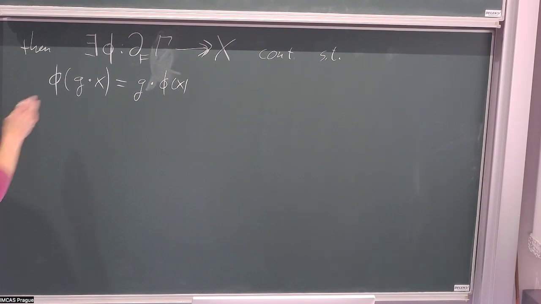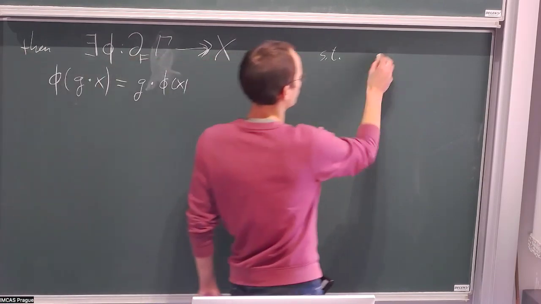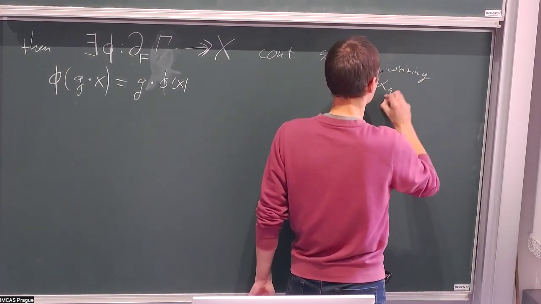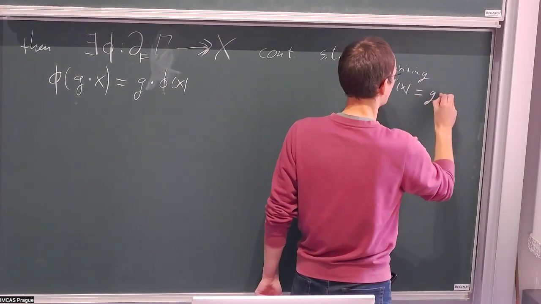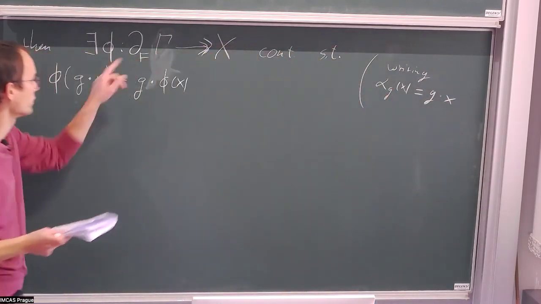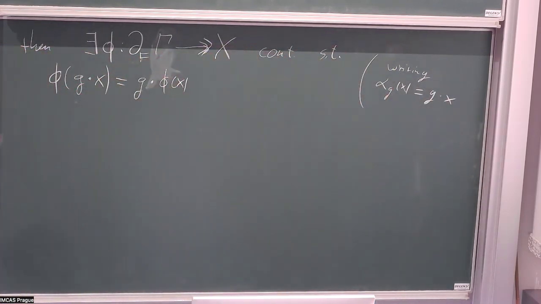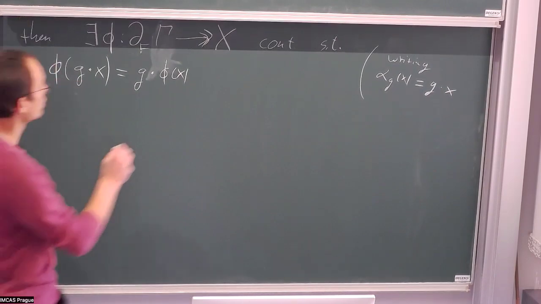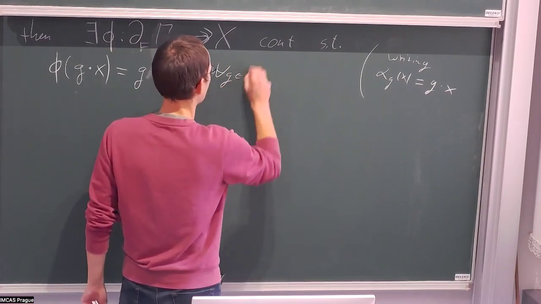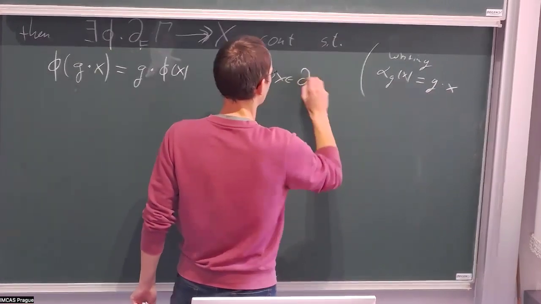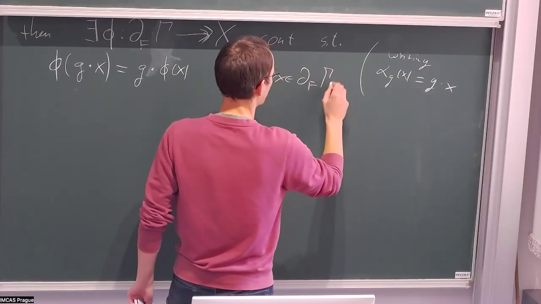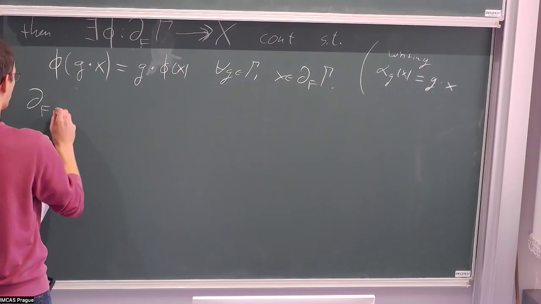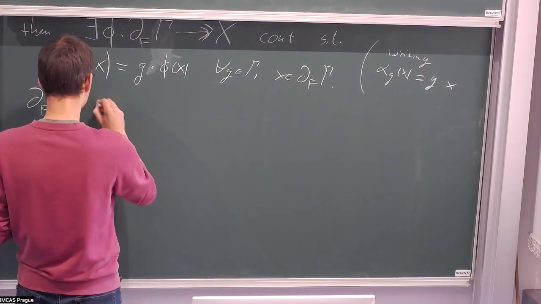I'm just using the dot here, writing alpha g of x as just g times x because I don't want to give names to the actions on both sides. So it should be equivariant in the sense that it commutes with the actions for all g in gamma and x in this guy. And then this universal boundary is called the Fürstenberg boundary.